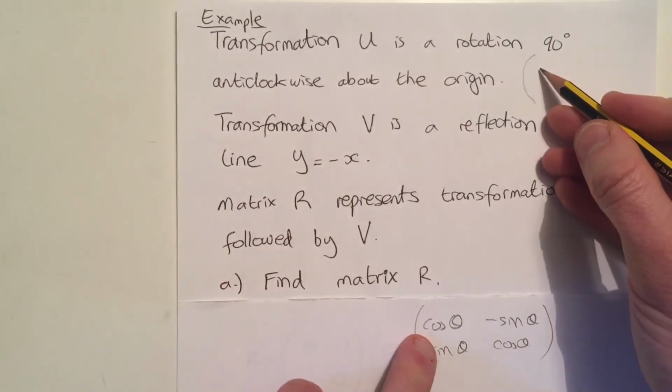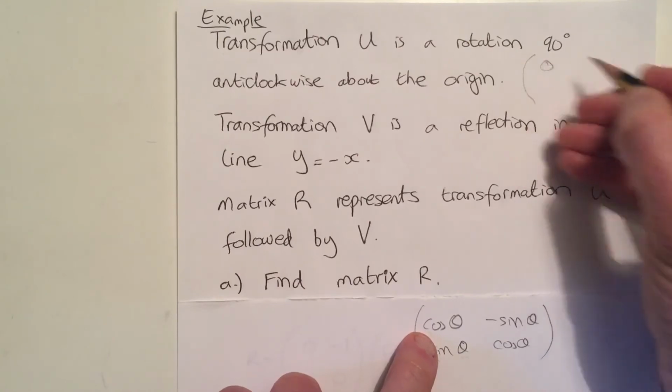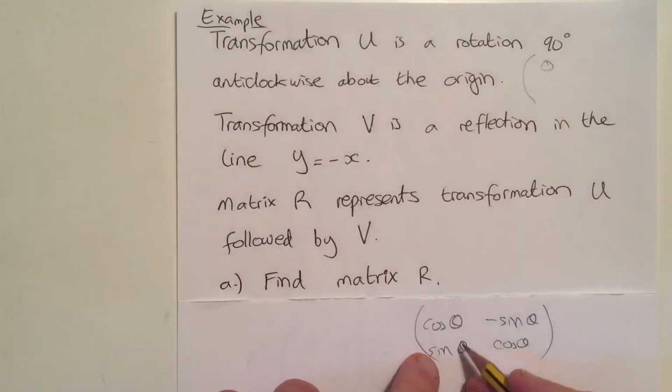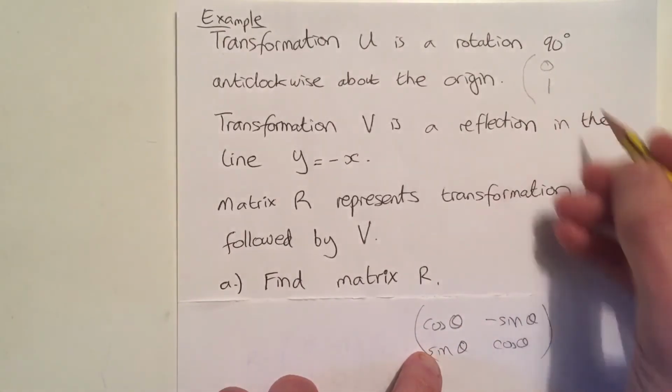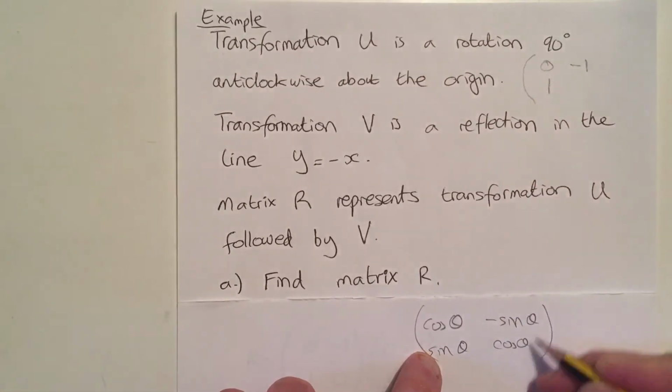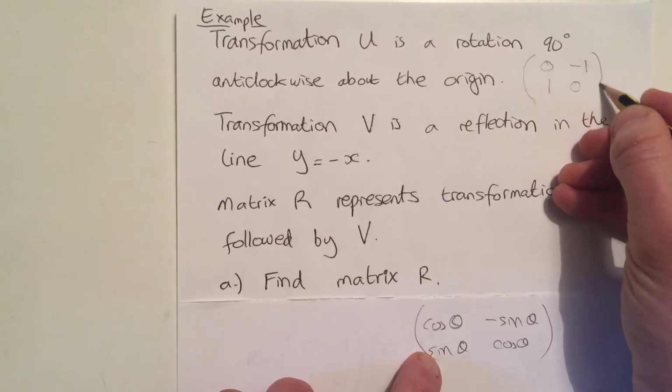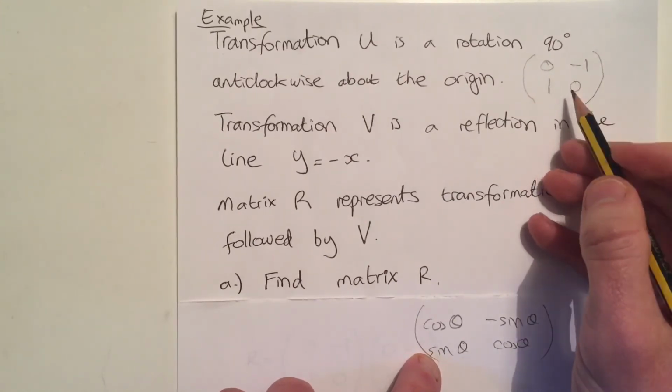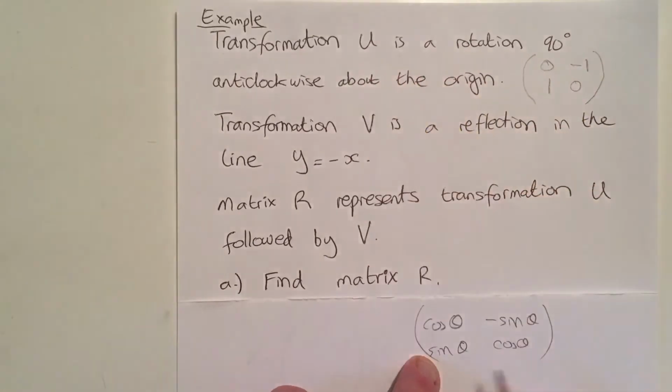So I will have cos 90, which I know is 0, then sine 90, which I know is 1, minus sine 90 will be minus 1, and cos 90 will be 0. So this is the matrix that represents transformation U.